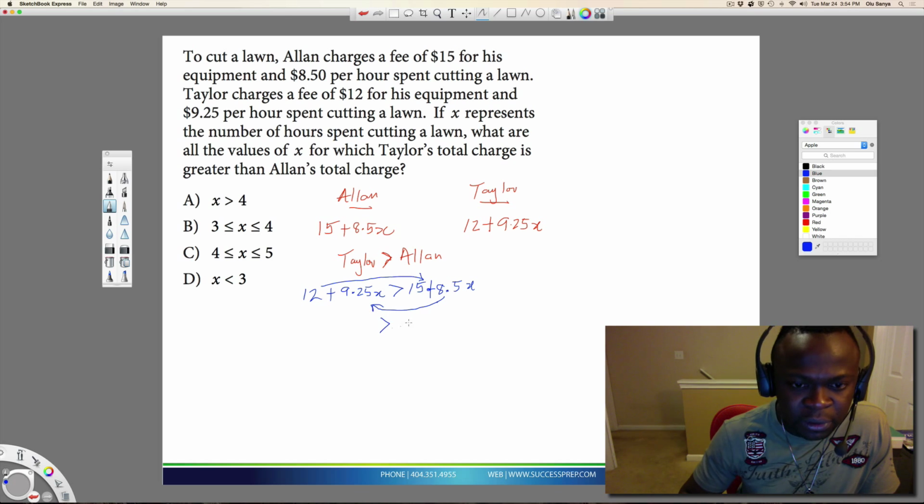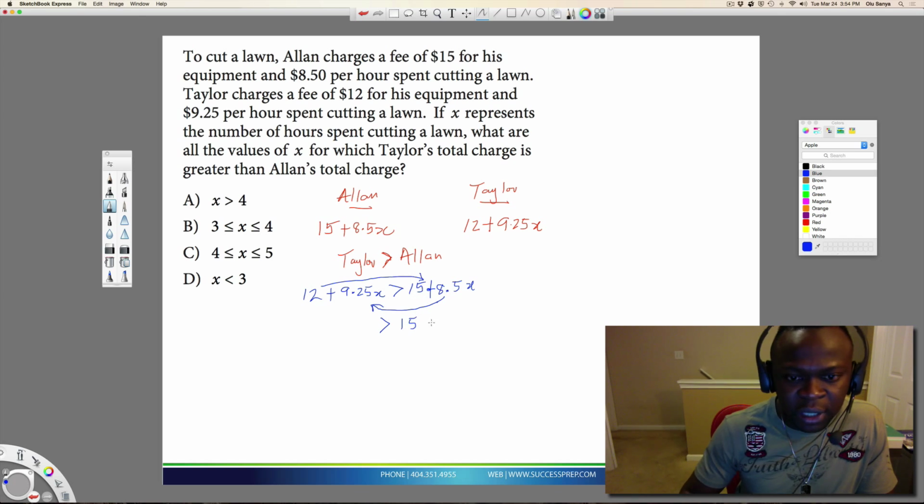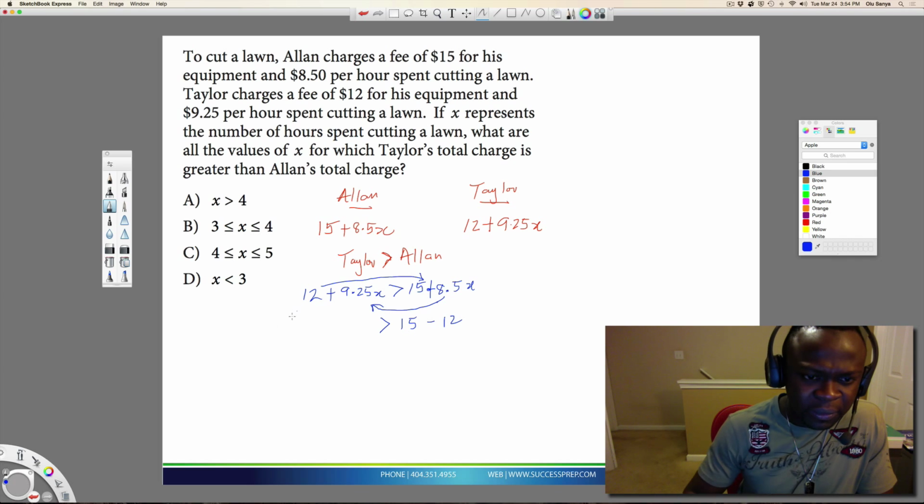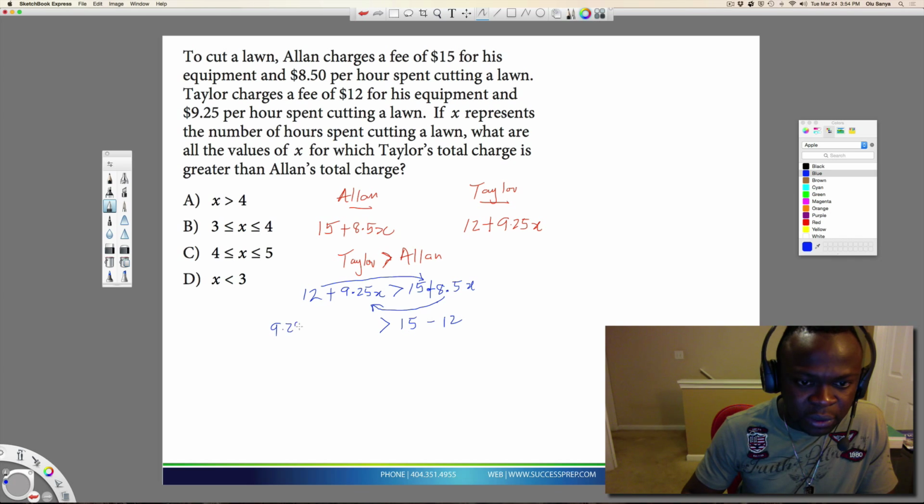I'm still going to have my greater than sign, but this 15 was here all the while, so that's fine. But this 12, when it comes over here, becomes minus 12. And this 9.25x was here all the while, but when the 8.5x comes over to the left, it becomes minus. The sign changes.